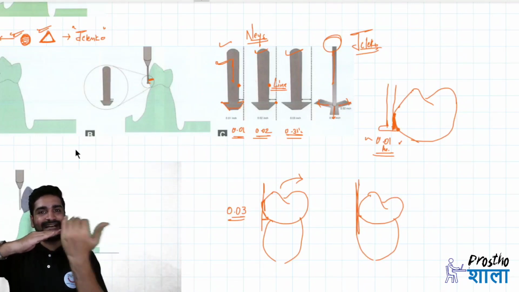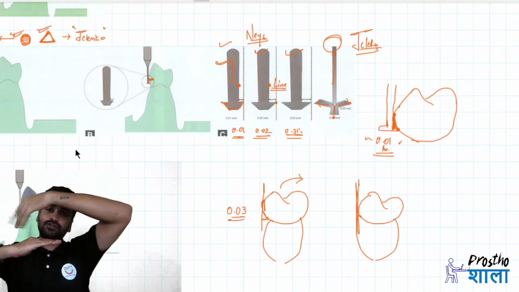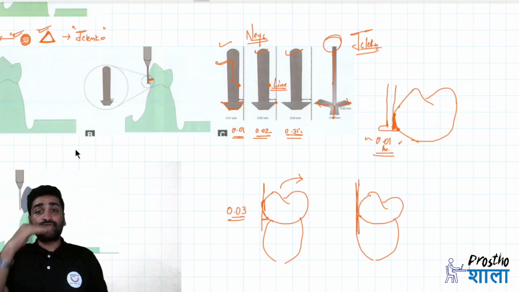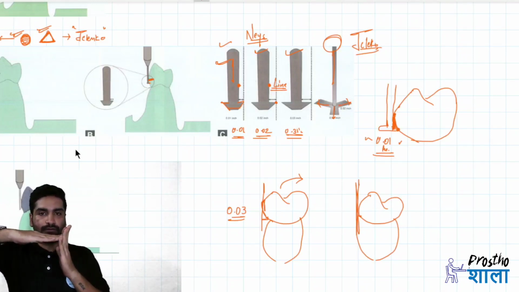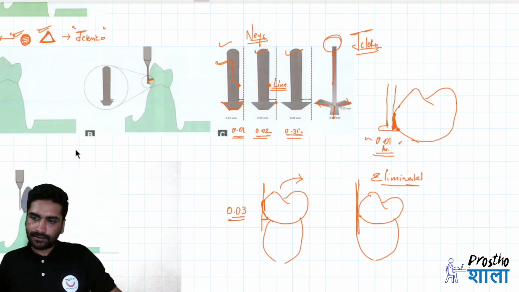That is where the tilting feature of the cast holder is very useful, because if you tilt the cast, one side of all the contours will change and the other side of contours also will change. So if you feel that the undercut is more pronounced, or if there is no undercut, suppose this is one situation where I have eliminated the undercut. Now I want to create more undercut.